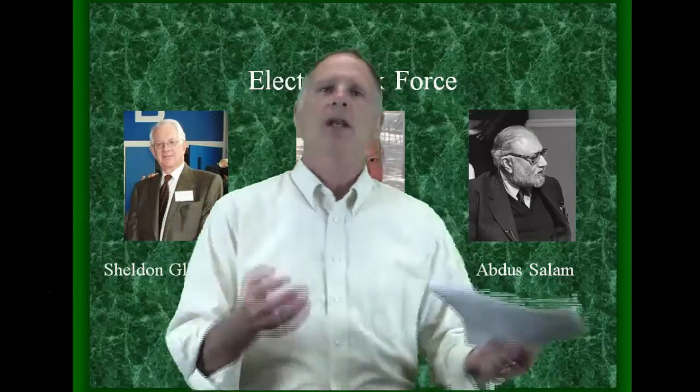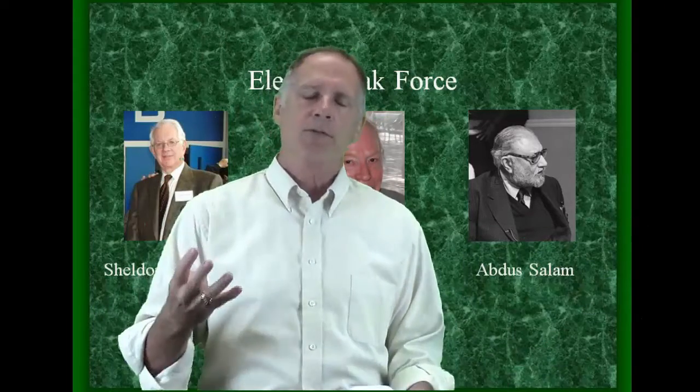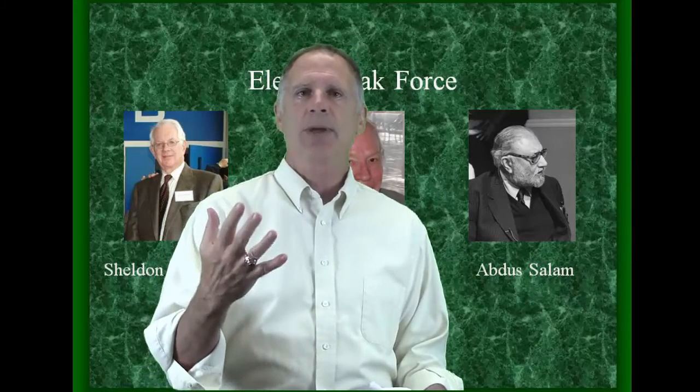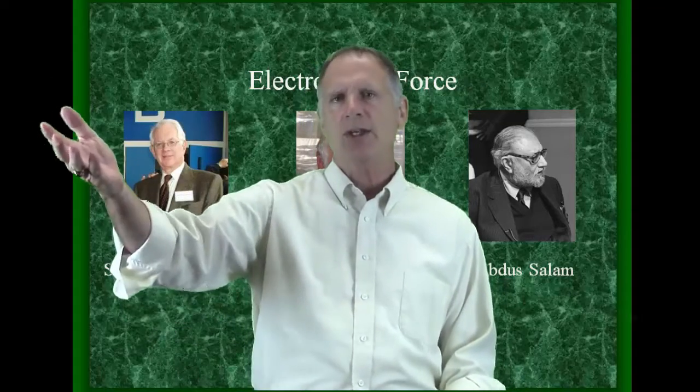String theory is an effort to explain how the four forces might be united in the energy levels of the Big Bang. So we've got these energies, string theory predicting that these forces would be together at those highest energies.